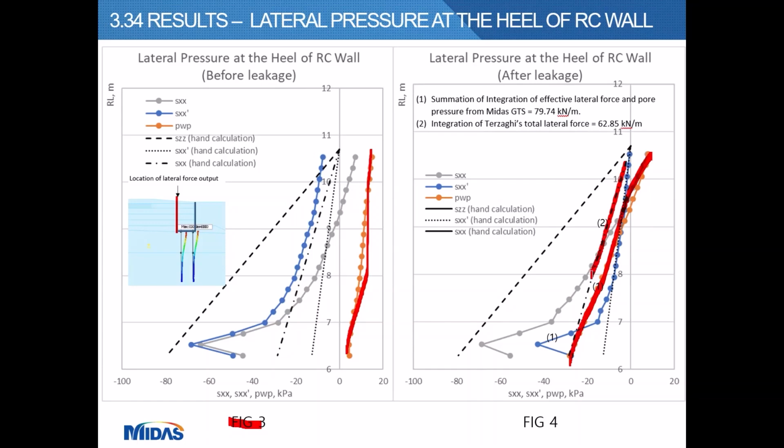And if we integrate the pressure, we get the total lateral force of 62.85 kN per meter. And if we integrate the effective lateral stress from Midas GTS NX, this line, and the water pressure, we get the total lateral force of 79.74 kN per meter.